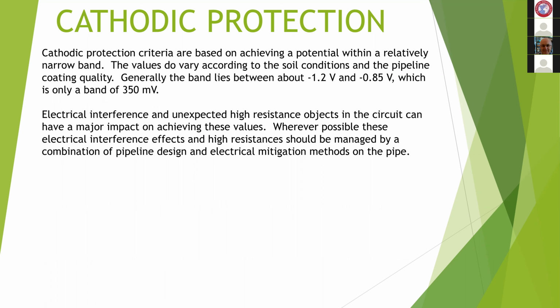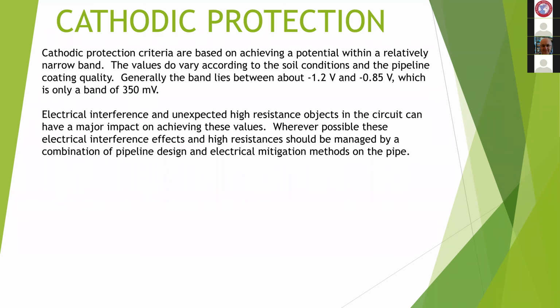When we make the specifications for cathodic protection, I'm aware of the time, Kate, so I'll move on. When we're looking at the specifications for cathodic protection in the standards, we give the only criterion that's relatively easy to measure, and that's the voltage, the potential between the pipe and the soil.